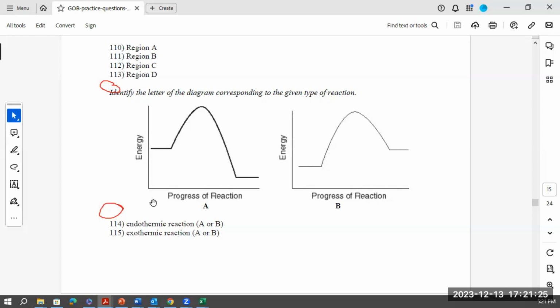Okay. So the way that you can determine that, if your energy is starting at a high value and going to a low value, that would be exo. That's right. And then if our energy starts at a low value going up to a higher value, then that's an endo reaction. Okay. So does that help?